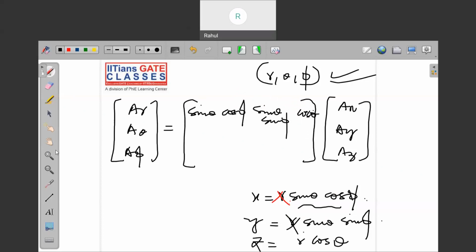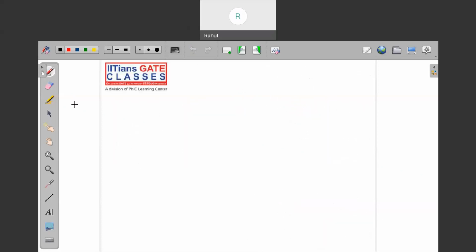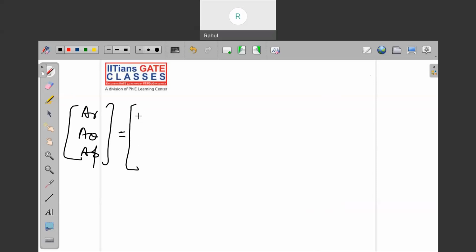So let me write in the next page because you might find it cluttered. Let me write here AR, A theta, and A phi, that is R theta phi. Here we can write sine theta cos phi, sine theta sine phi, and cos theta.